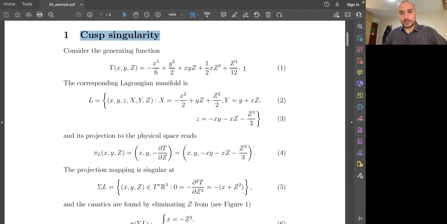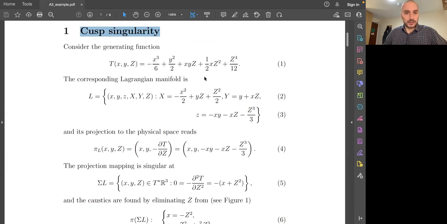So what is the cusp? Of course, everyone knows it, but it is basically made of two folds which at some point meet in an even more singular point, which is called the pleat point or the cusp point.